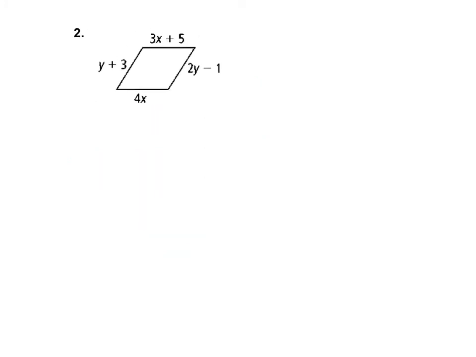This one, opposite sides have to be congruent for these quadrilaterals to be parallelograms. So 4x has to equal 3x plus 5. Minus 3x, so x equals 5. The same with y.